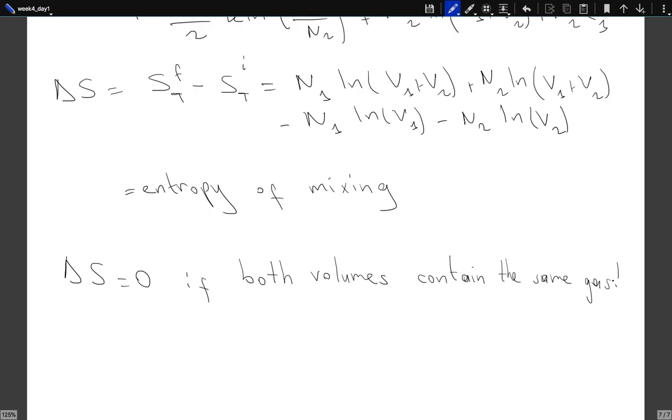Now, let us look at this problem in a slightly different form. Let me rewrite this change in the entropy in this form.